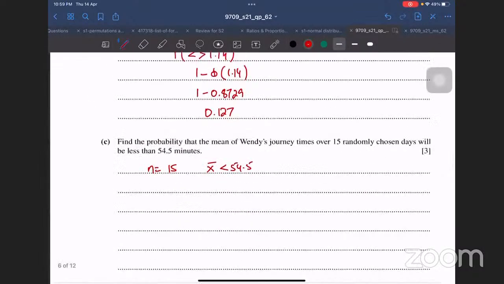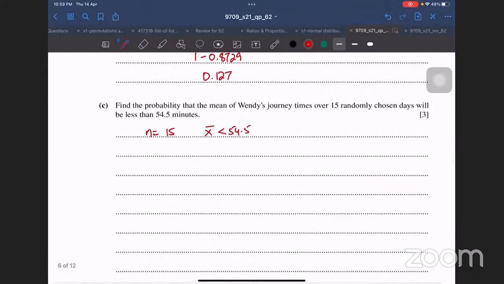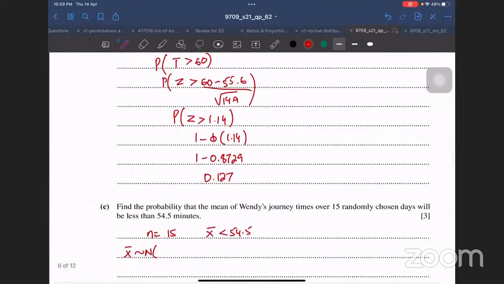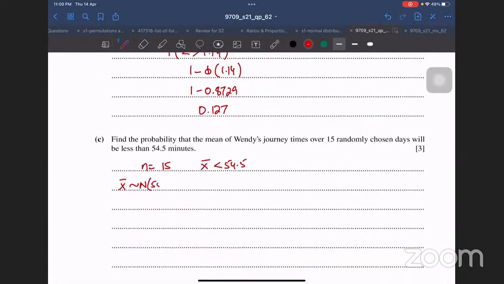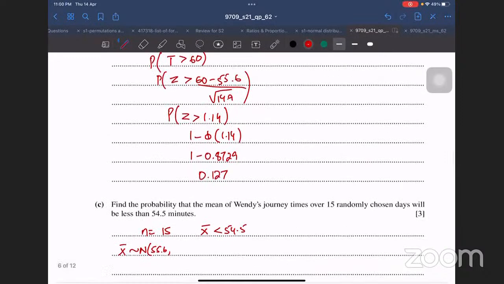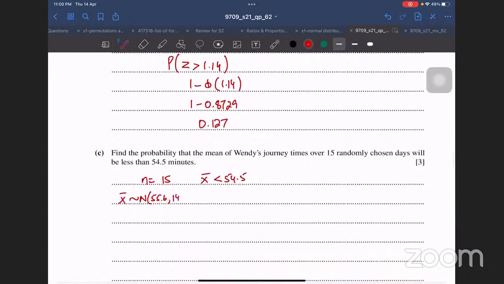So instead, now what I need is the distribution for the means. The distribution for the means is going to have the same mu, but a different variance. So I want to find the probability that the mean time is less than 54.5.